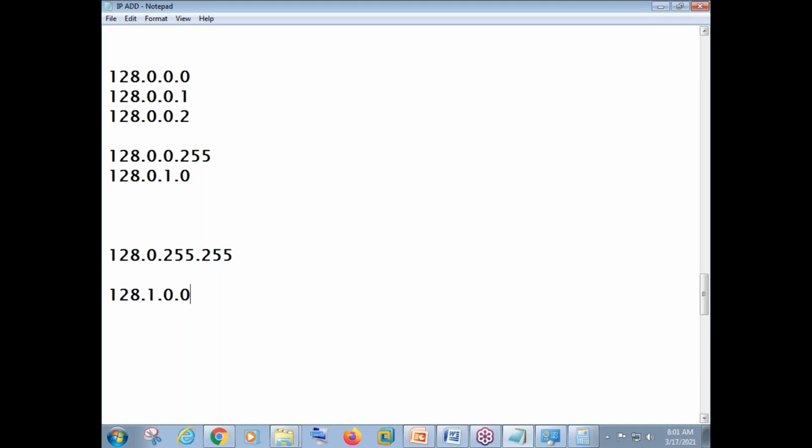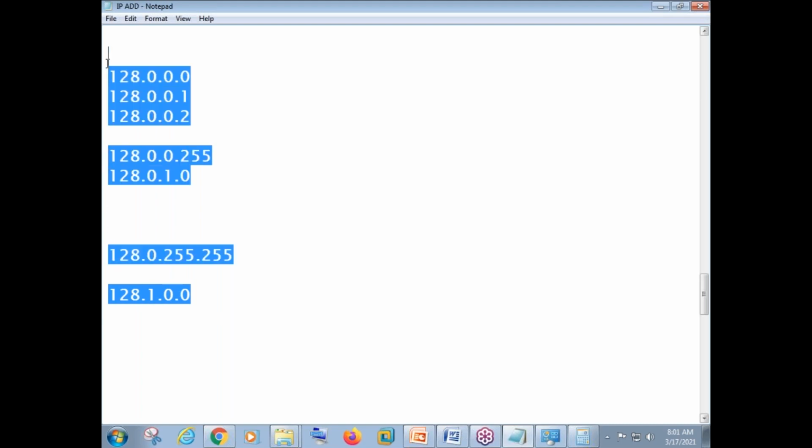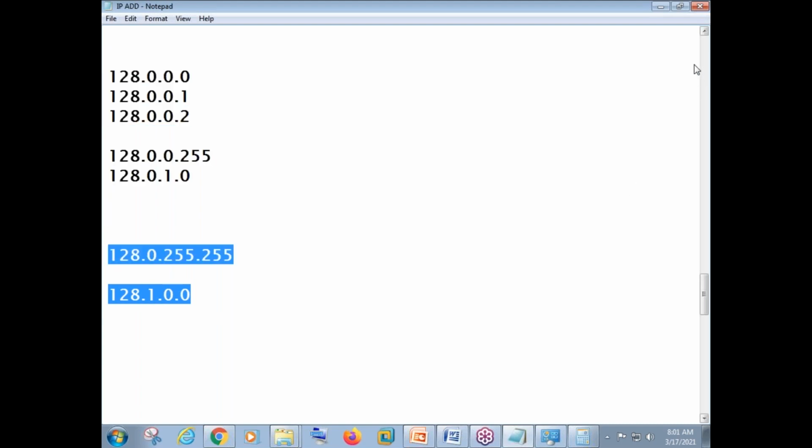Now can I say 128.1.0.0? Can you tell me please what is the problem if I say 128.1.0.0 here? Both are different networks, sir. Exactly, both are different networks here, right? Because network portion in class B is 2 octets.